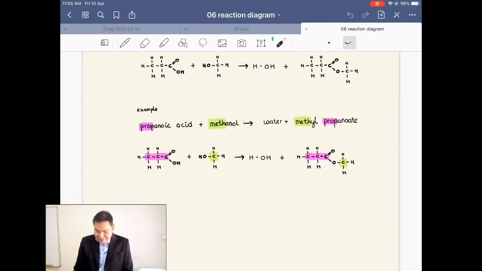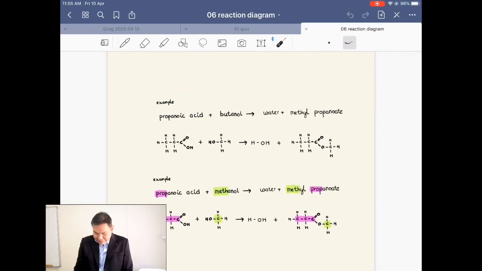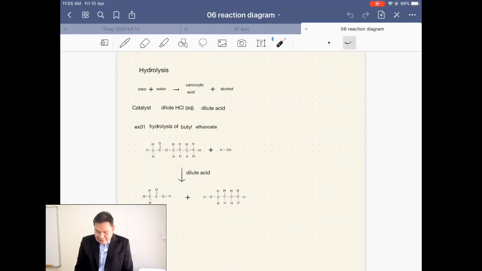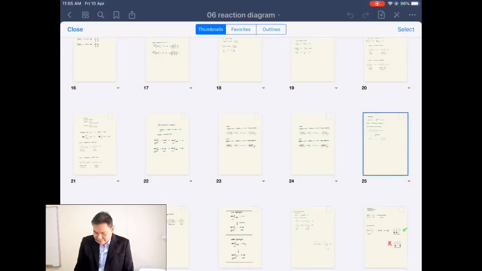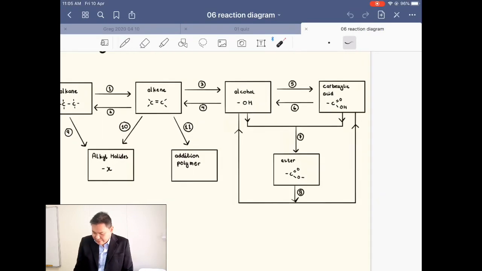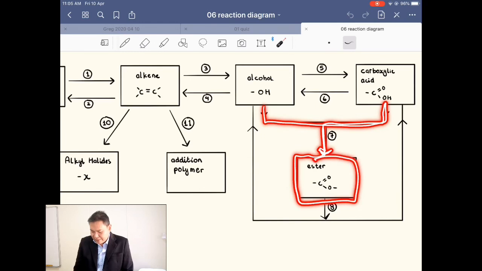We try this example too here. Oh, no, this is the same one. Okay. Yeah, we do reaction number 8. See number 7 here. Number 7 here is alcohol and carboxylic acid combined to produce ester. That's reaction number 7.